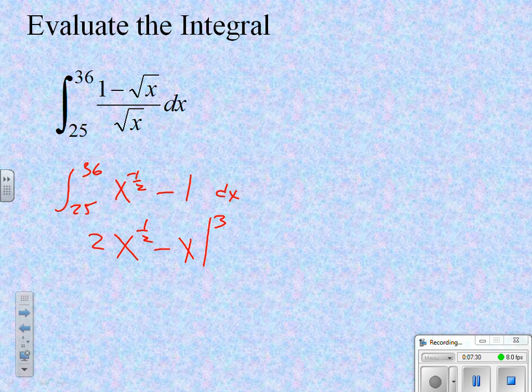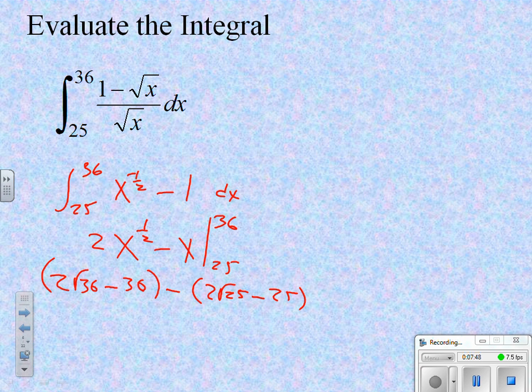We're going to evaluate this from 25 to 36. So we're talking about 2 square root of 36 minus 36 in parentheses, minus 2 square root of 25 minus 25. Of course, you're done at this point.